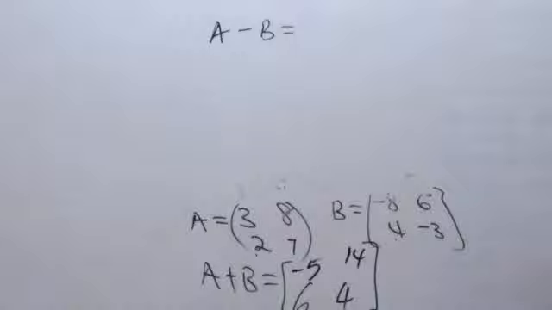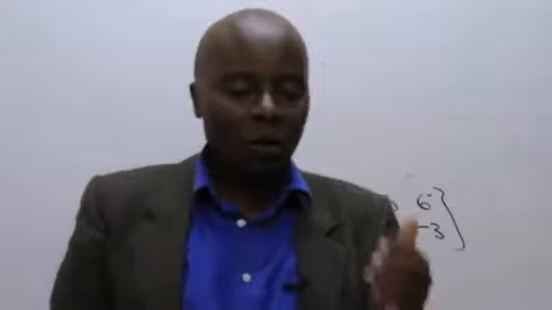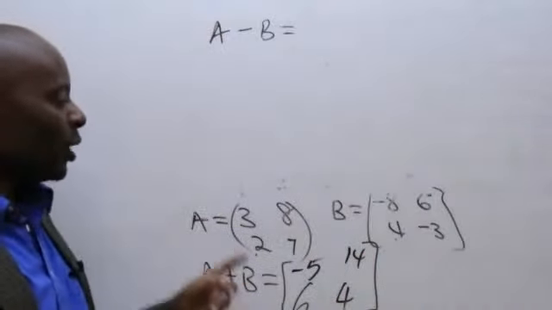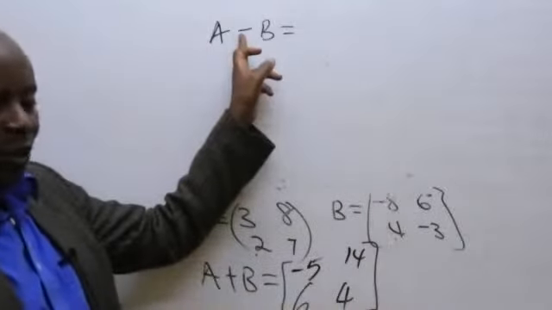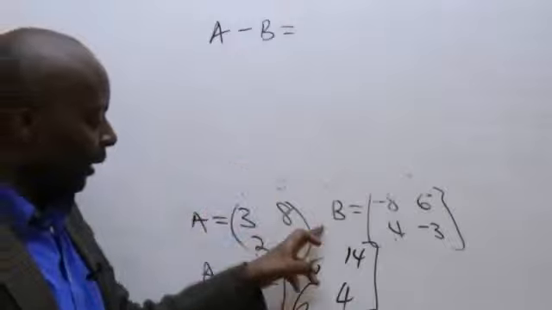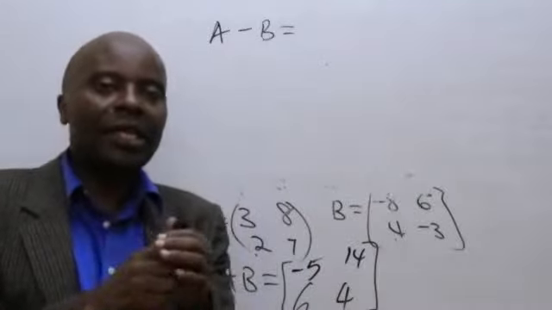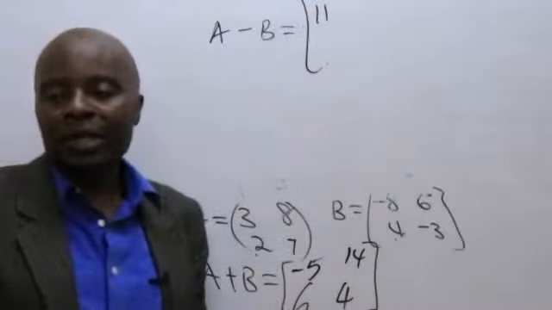Just like in addition, we subtract corresponding elements. So 3 minus 8, that will give us minus 5.